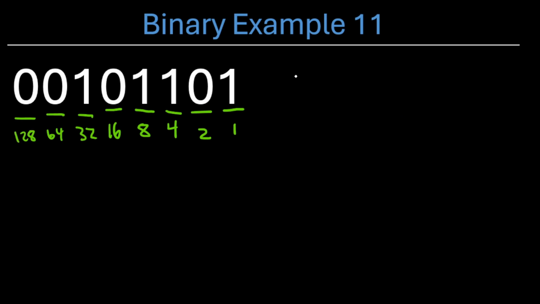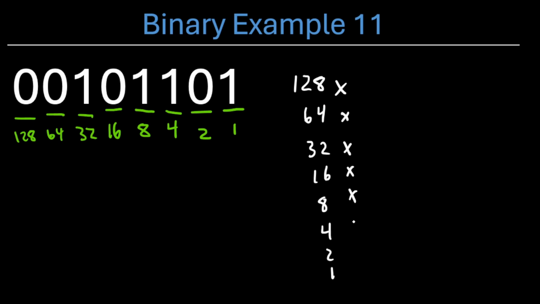Okay, so again, write out each place value and multiply those by either the 0 or 1, depending on what value is in that place. We got 1, 0, 1, 1, 0, 1, 0, 1. You take all of these products.